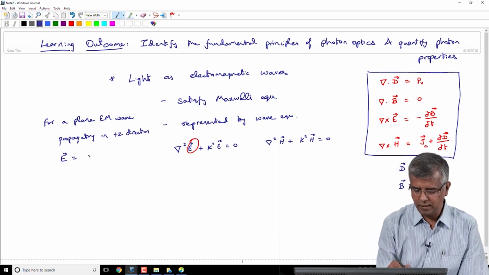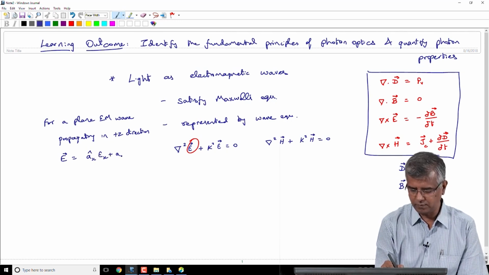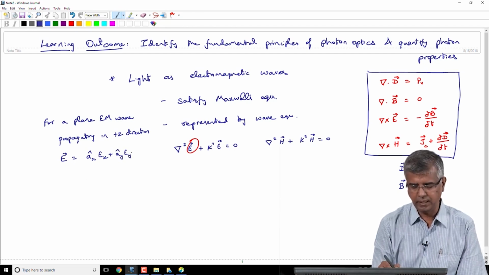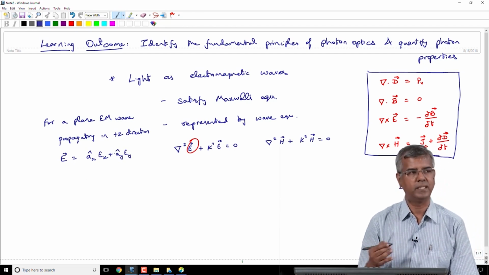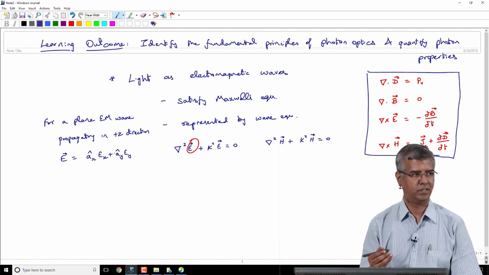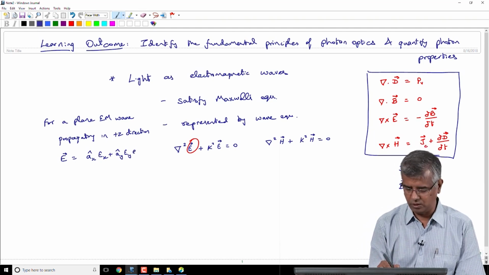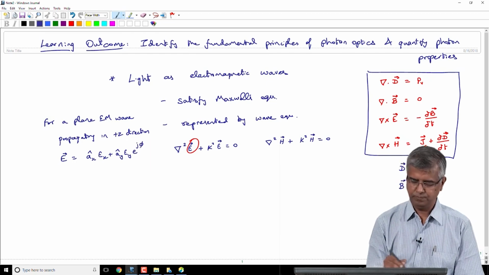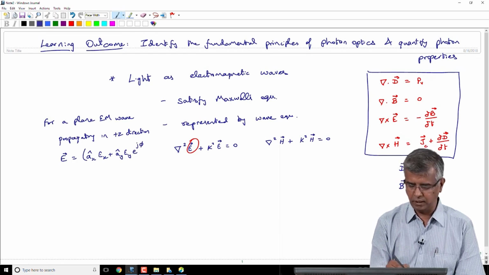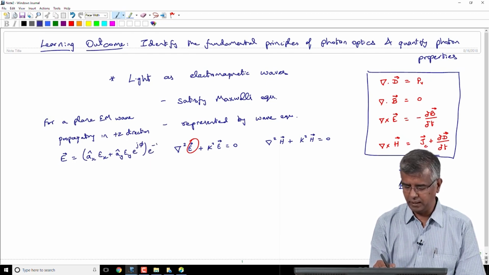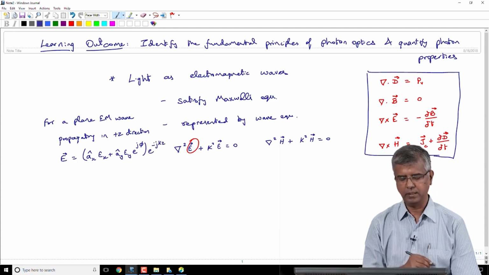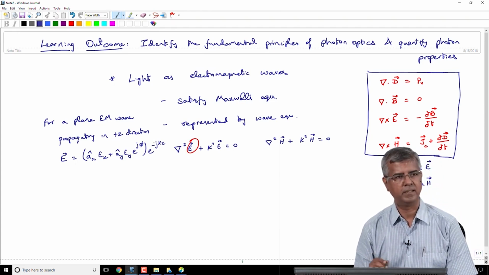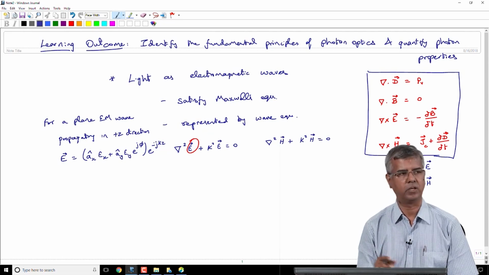So, it can be expressed in terms of Ax Ex plus Ay Ey, and you could have a certain phase difference between the two components also in a generic case. So, you say e to the power j phi, and this is propagating in the positive z direction. So, it is going to accumulate phase as it is propagating.